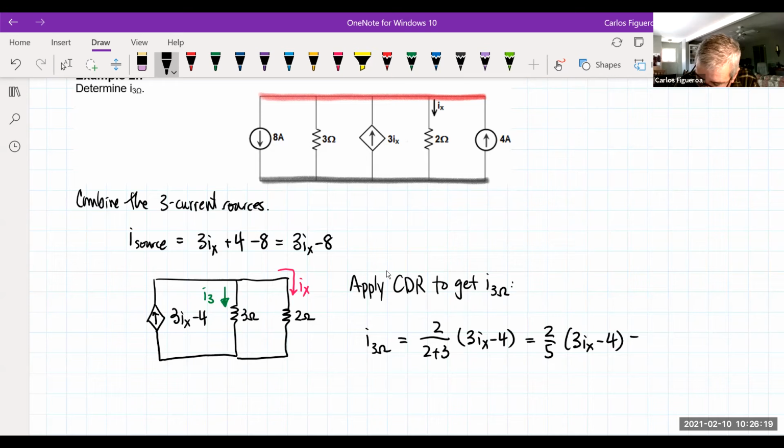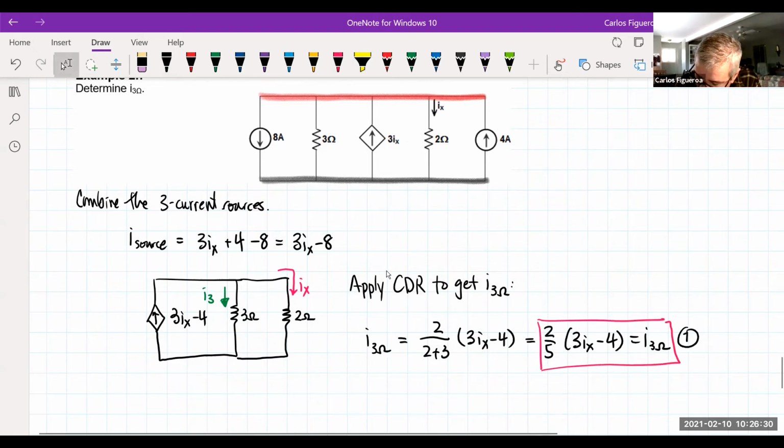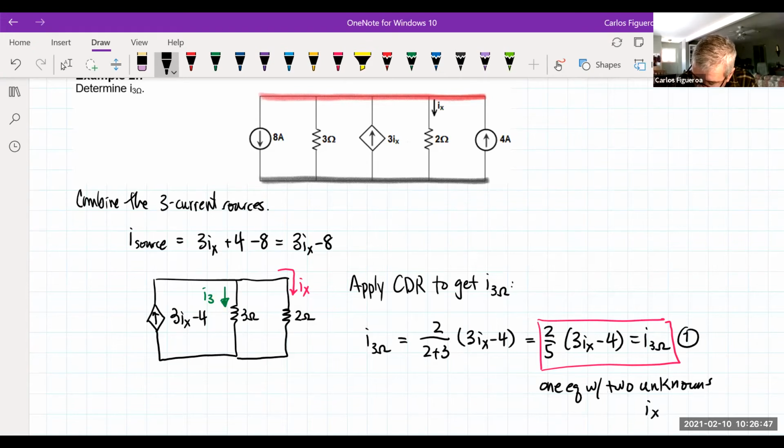So if I just clean this up just a tiny bit, I see that I have this guy right here. And what you're seeing here is that I have one equation with two unknowns. And what are my unknowns? There's Ix and there's I3 ohm.